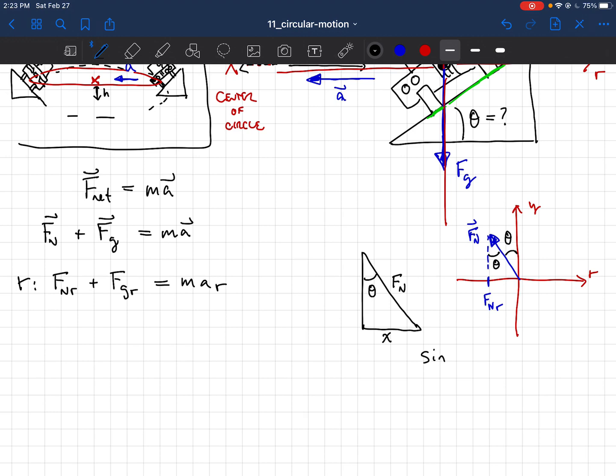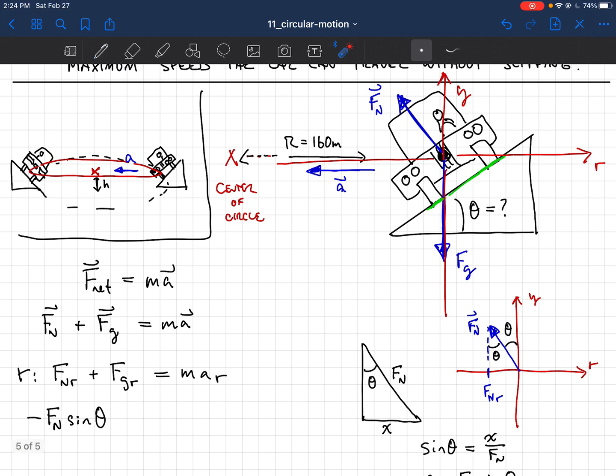So we see sine theta is equal to x over Fn, or x is equal to Fn sine of theta. And FNR, the component, is a negative number, which is minus that. So we write minus Fn sine theta for FNR.